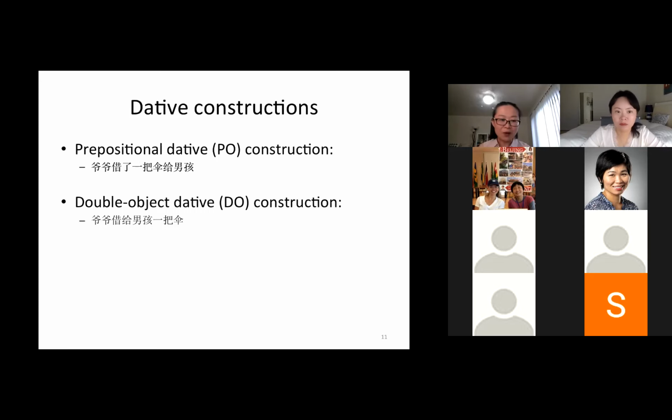For example, in this sentence, 爷爷借了一把伞给男孩. The second type is the double object dative construction, also DO: 爷爷借给男孩一把伞. So we focus on these 2 types of dative constructions.